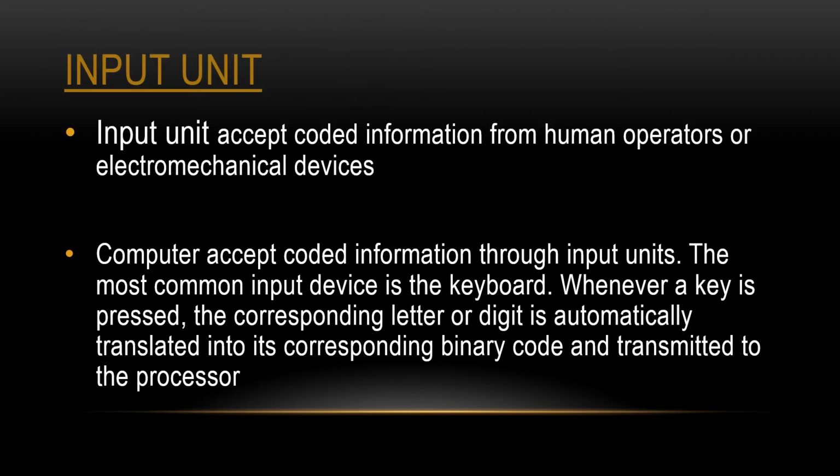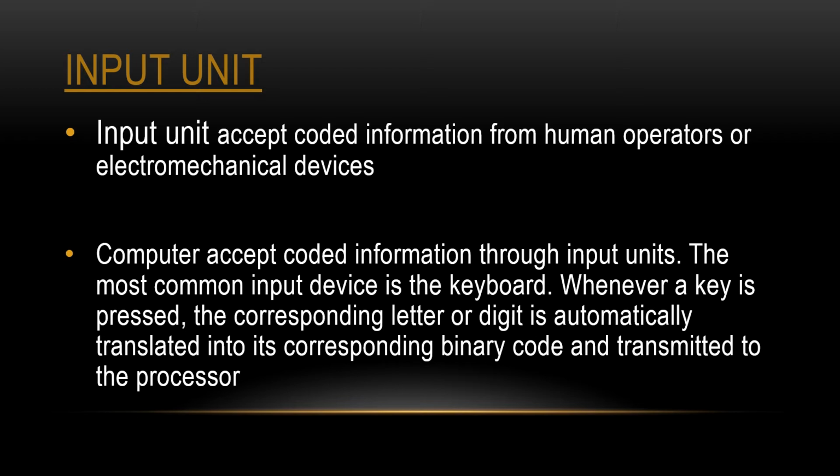Then let us go further. We'll discuss the input unit now. Computers accept coded information through input units. The most common, as we have discussed, is the keyboard. Whenever a key is pressed, the corresponding letter or digit is automatically translated into its corresponding binary code and transmitted to the processor.